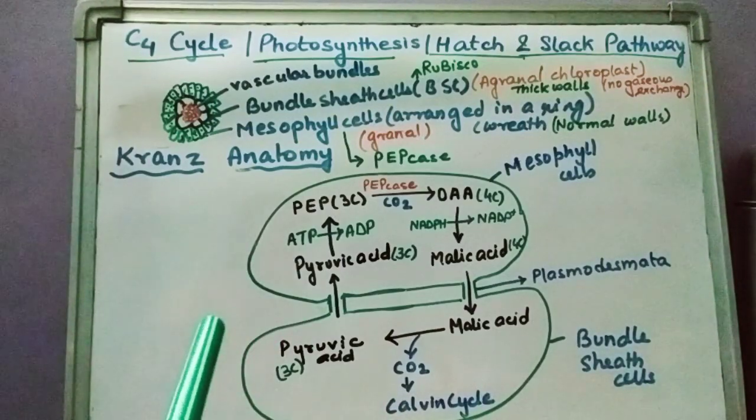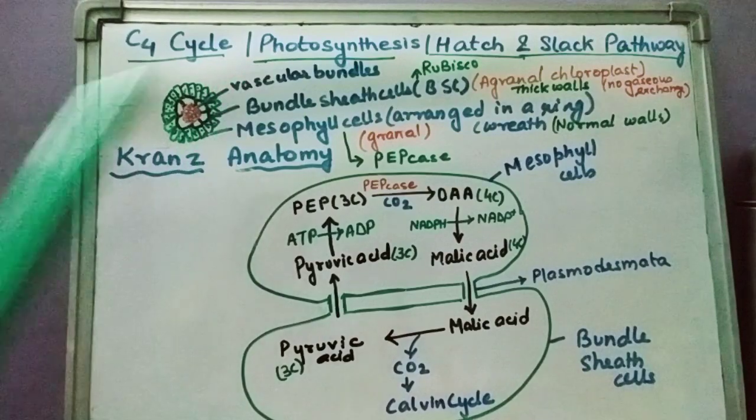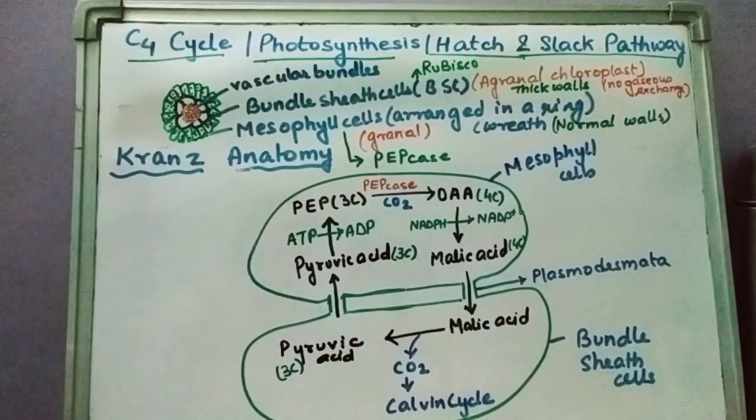So one thing we have to remember is that in the C4 cycle, the efficiency is more with respect to the C3 cycle, as no photorespiration can take place in the C4 cycle, whereas the C3 cycle can undergo photorespiration if the concentration of oxygen increases in those kinds of plants where rubisco is present.